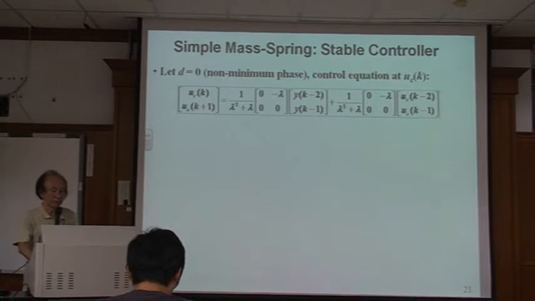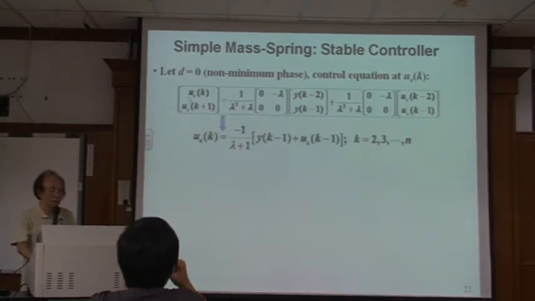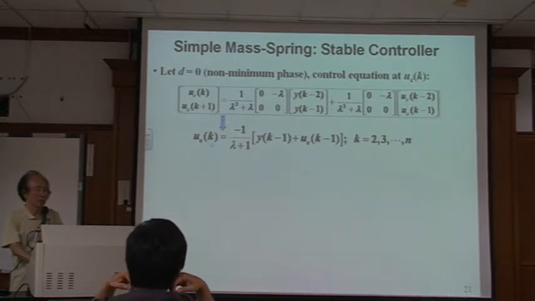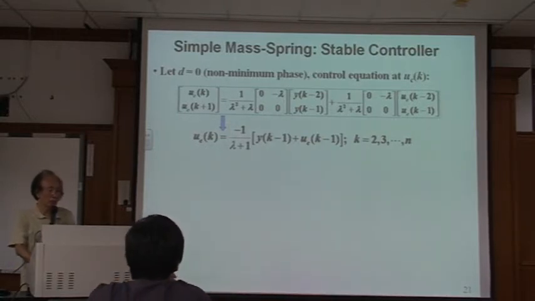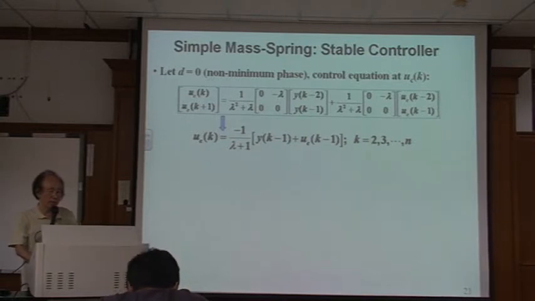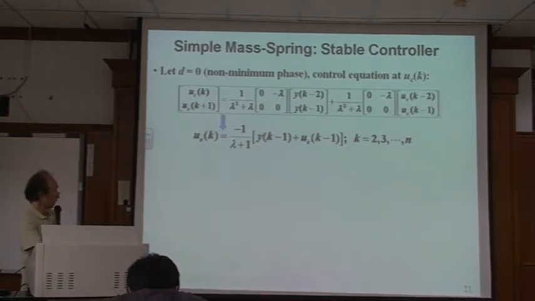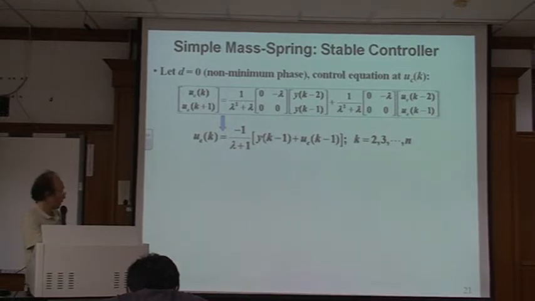That means our UCK, that's what we want, my control force at the current time K, will be equal to minus 1 divided by lambda plus 1, times y k minus 1 plus UCK minus 1.